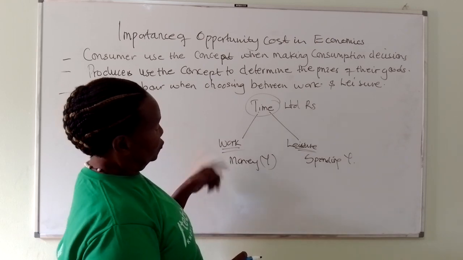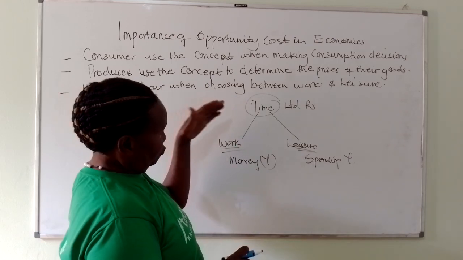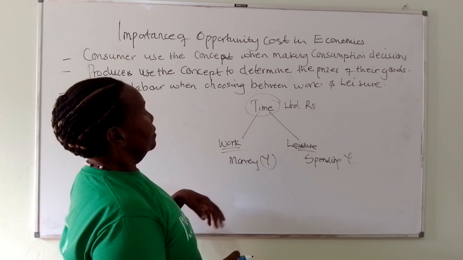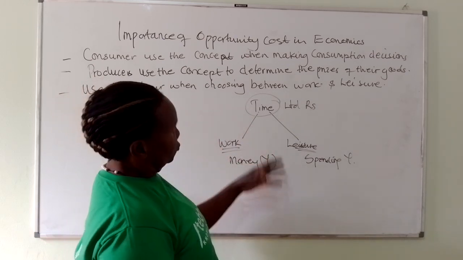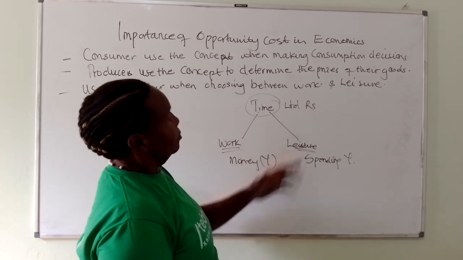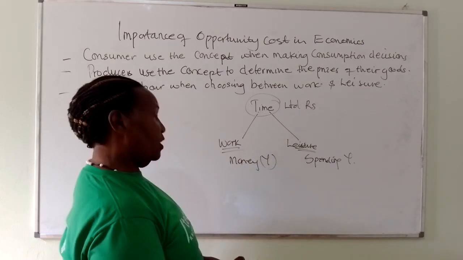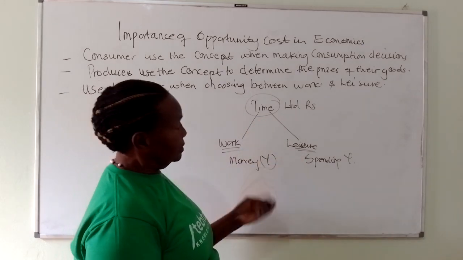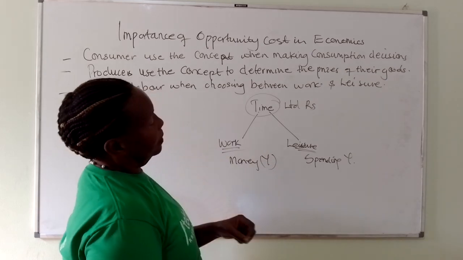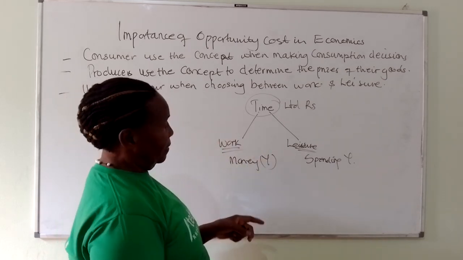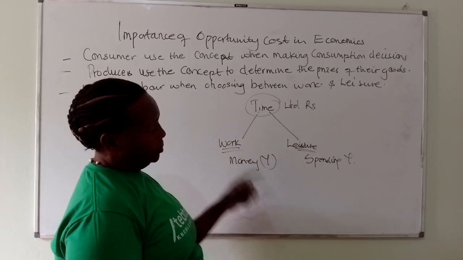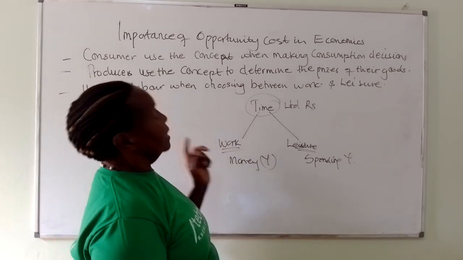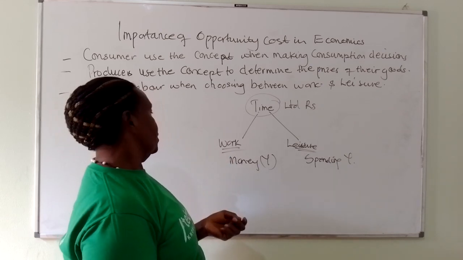So if you are to choose between the two, you have to see the time. That time will be useful to you to earn more money if you allocate it to working, or if you already have your money and you don't mind, then you use that money on leisure. But you know that you cannot have both of them at the same time. You cannot be working and enjoying leisure at the same time. As I've said, whenever you choose one, you have to go without the other, which is the exact definition of opportunity cost.